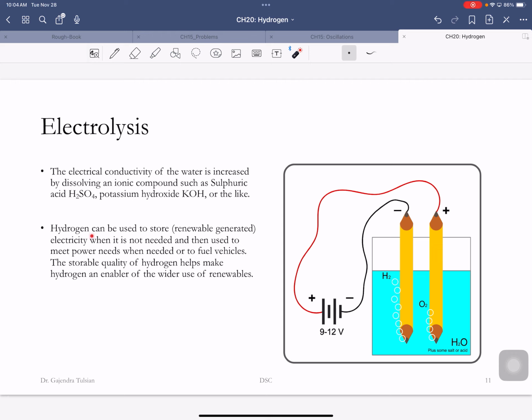So hydrogen can be used to store electricity when it's not needed, and then used to meet power needs when needed, or to fuel vehicles. The storable quality of hydrogen helps make hydrogen an enabler of wider use of renewables. So again, what is it that's stopping us from using solar and wind right now?